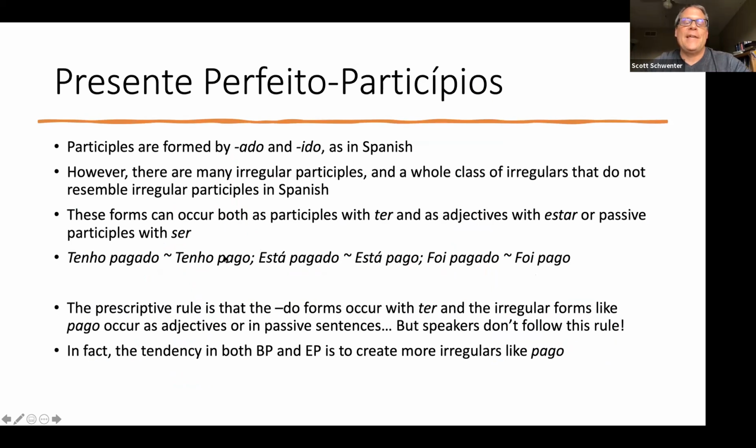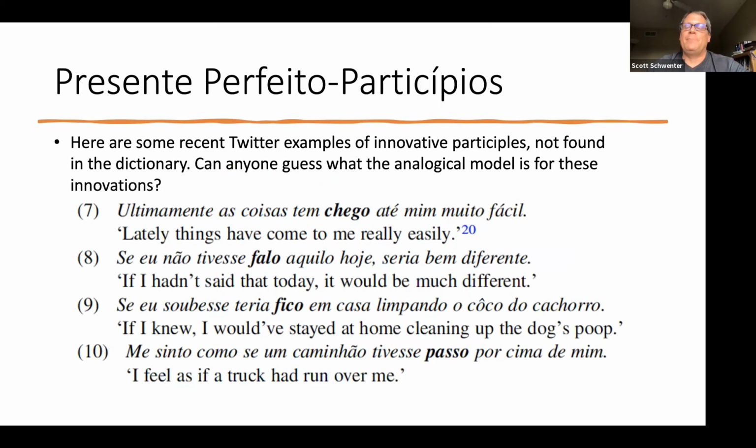So pago, tenho pago, is the same as eu pago. And you don't find this, or I haven't found it in Portugal very much, but in Brazil, I found it a lot, where these speakers are innovating.